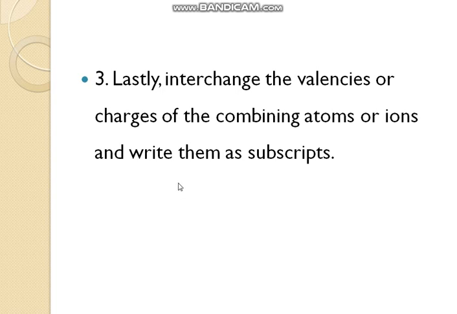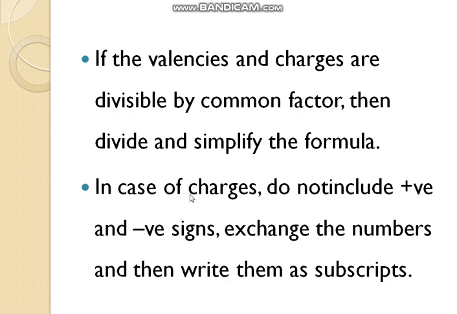Third, interchange the valencies or charges of the combining atoms or ions and write them as subscripts. Fourth, if the valencies and charges are divisible by a common factor, then divide and simplify the formula. Fifth, in case of charges, do not include positive and negative signs.